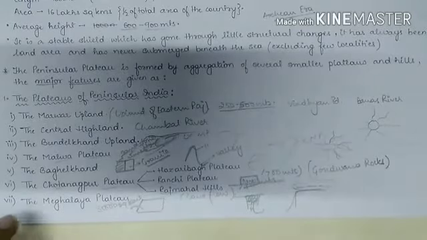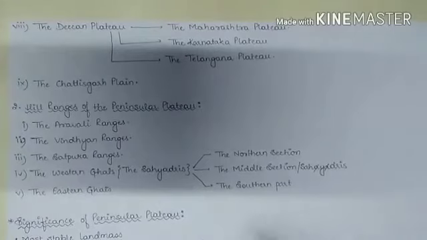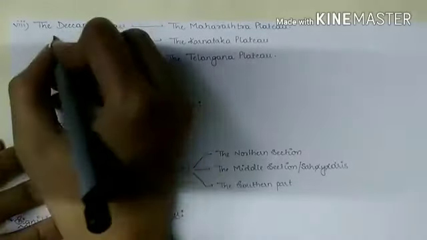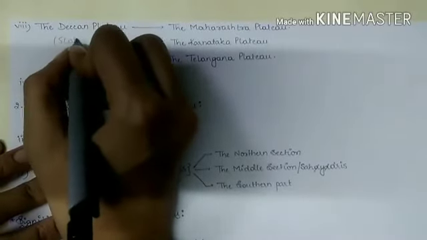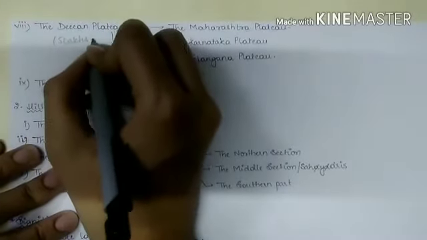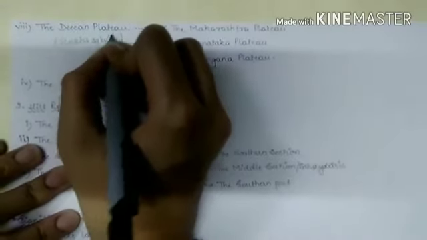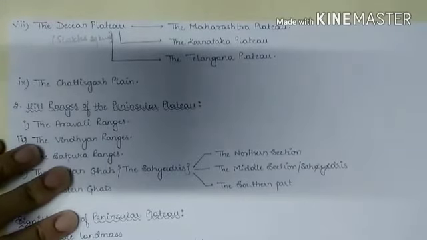Then after this Meghalaya Plateau, we have the Deccan Plateau. Deccan Plateau is the largest unit of the Peninsular Plateau of India, and it covers an area of about 5 lakh square kilometers. So it is a huge area.